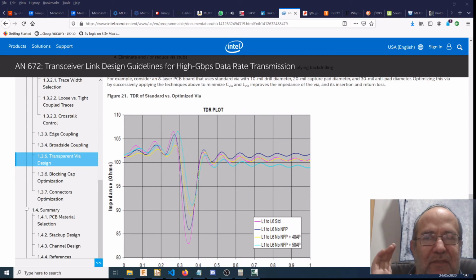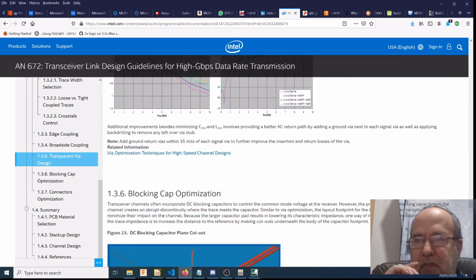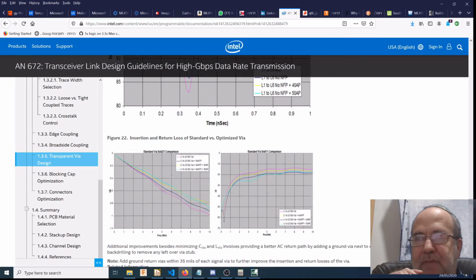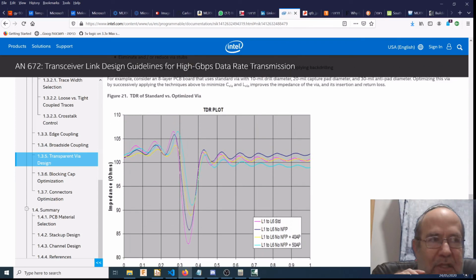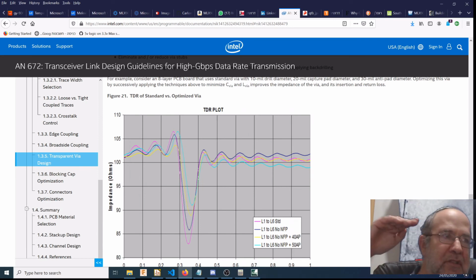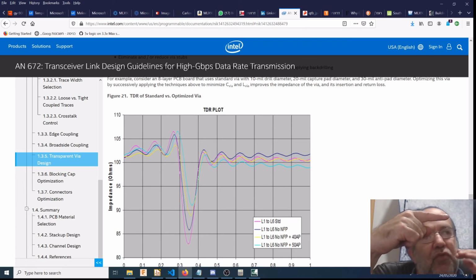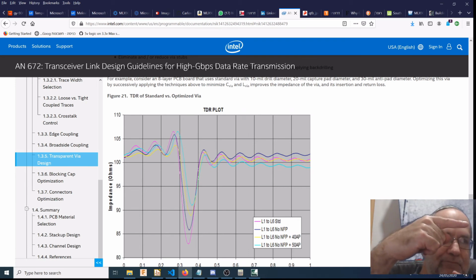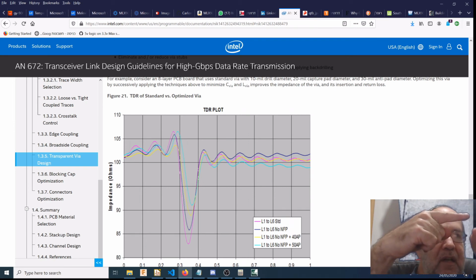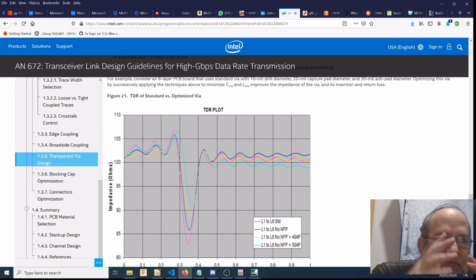So if I'm going to talk about a via, let me see if I've got a via. And I have a trace on the top layer that I want to move to a middle layer. So from my top layer, I have a via that comes down and goes to the middle layer.